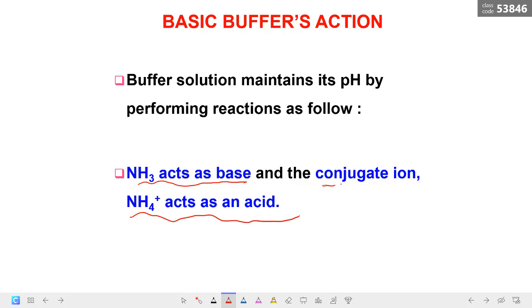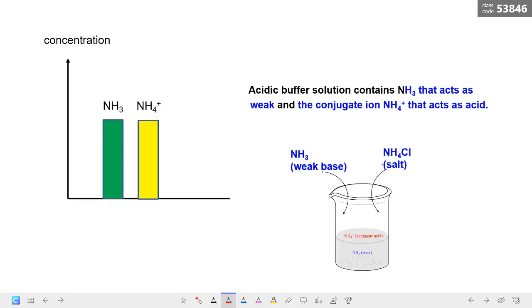Okay, itu adalah conjugate acid bagi weak base kita. Okay, jadi ini adalah before kita add strong acid atau strong base. Basic buffer solution contains dua-dua komponen ini. Okay, weak base dan juga dia punya weak acid daripada salt tu lah, conjugate acid.